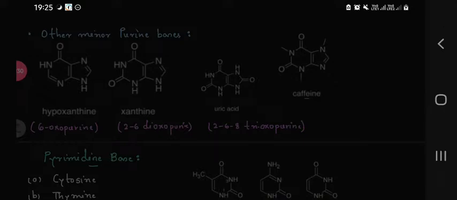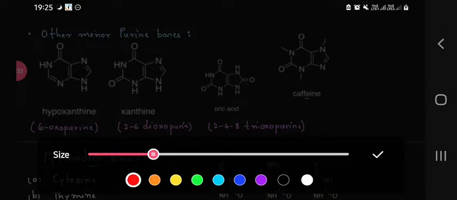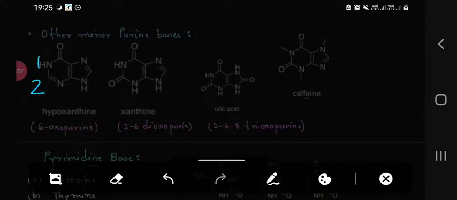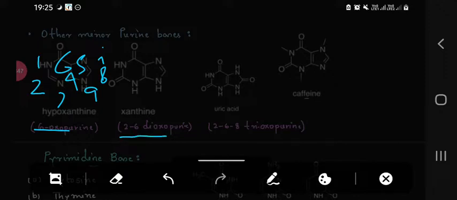6-oxopurine because when we will name it, like here you can see 1, 2, 3, 4, 5, 6, 7, 8, 9. So on 6th place oxygen is coming, so 6-oxopurine, and 2,6-dioxo. So 1, 2, 3, 4, 5, 6, 7, 8, 9.